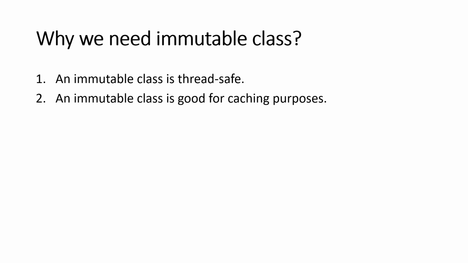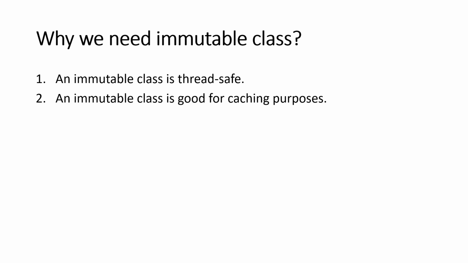There are multiple requirements where we need a class to be immutable. We don't want to change, meaning no one can change the content of the class. That's why we create a user defined class as an immutable class. If a class is immutable, it is also good for caching.